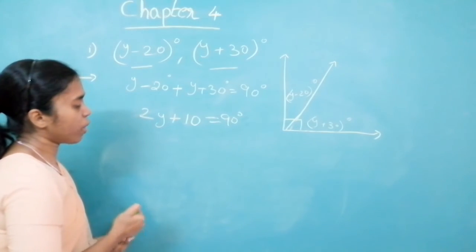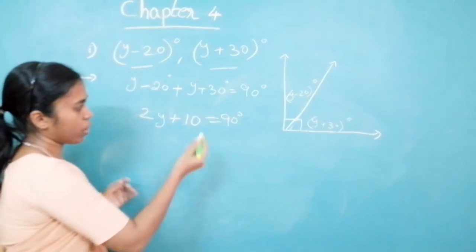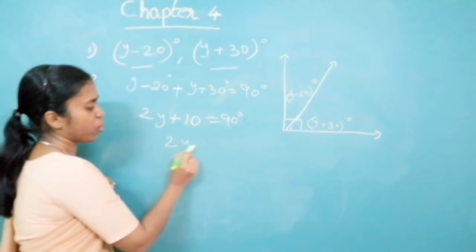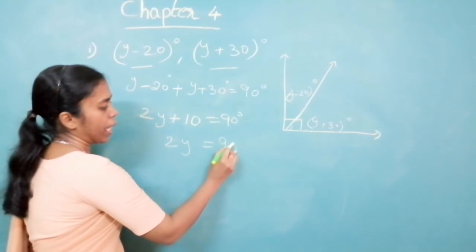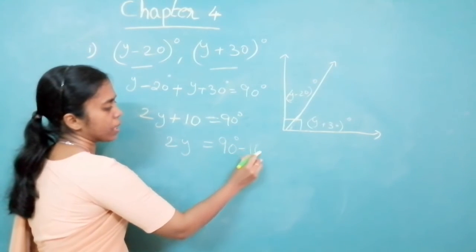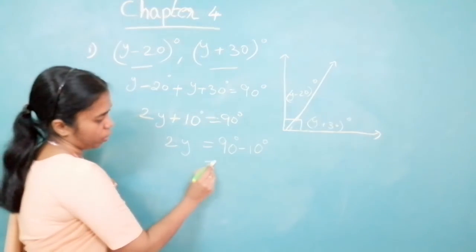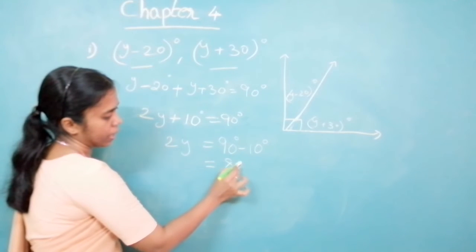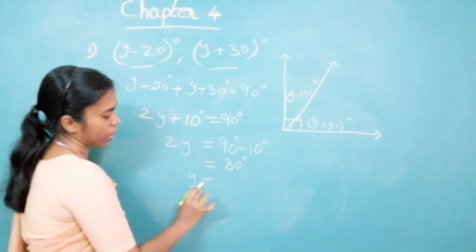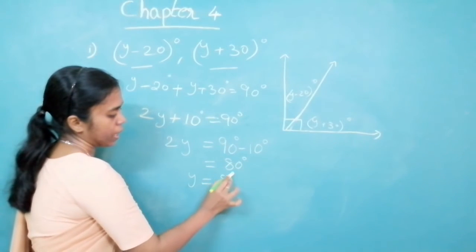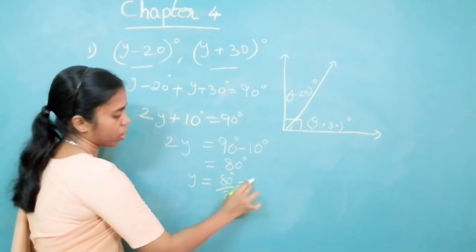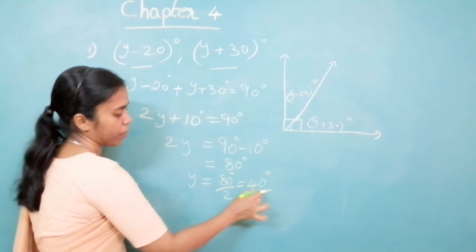Now 2y plus 10 is equal to 90 degree. Therefore, 2y is equal to 90 degree minus 10 degree, which is 80 degree. Therefore, y is equal to 80 degree upon 2, that is equal to 40 degree.